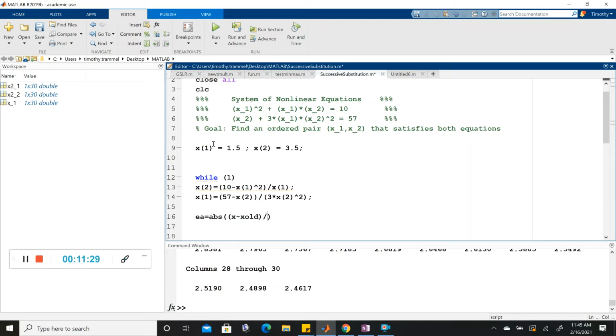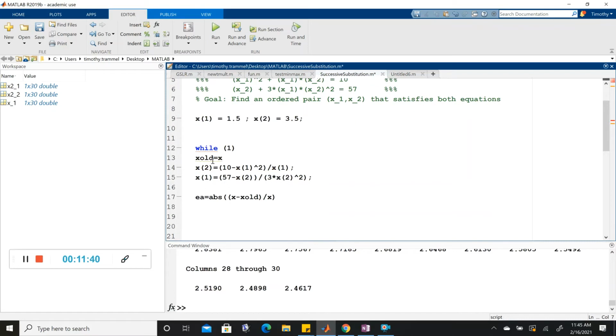So we're going to need an x old in here somewhere. So let's just say that x old is equal to x. So every time we restart this while loop, we assign x old to be the new x that we just got. All right, and we'd like to multiply this by 100.